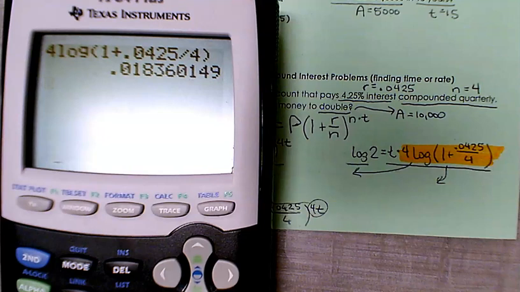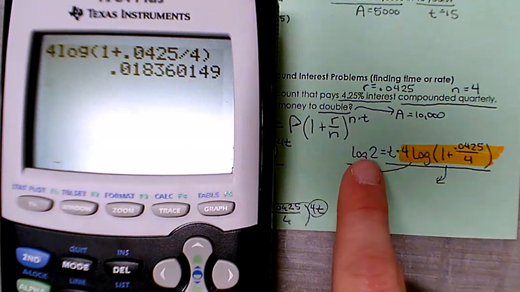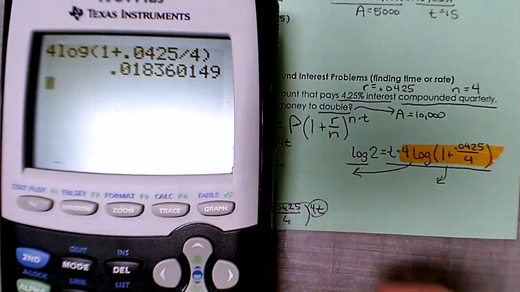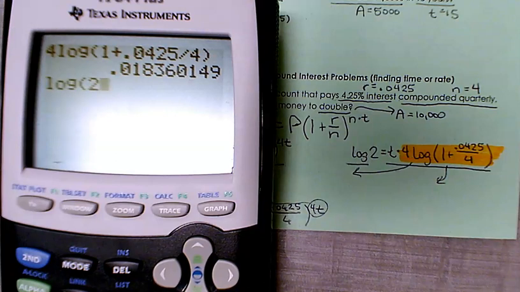In the previous problem that we did last Friday, do you remember how we divided log of 2 by this crazy decimal? How did we do that? Use the answer button, second and then the negative sign. That's right. So I'm going to type in log of 2. Log is over there on the left side.